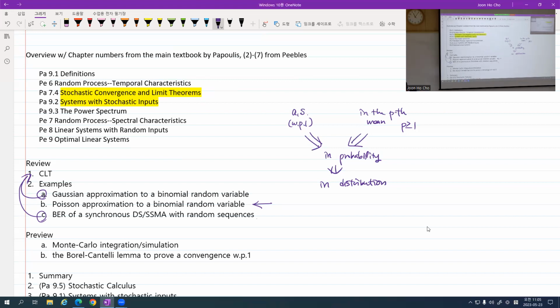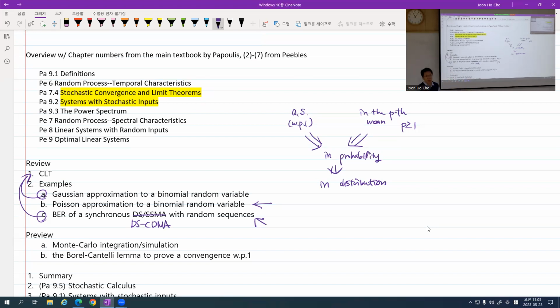So, for example, here in the calculation or approximation of bit error rate of a synchronous direct sequence spread spectrum multiple access, or simply DS-CDMA system with random sequences, the multiple access interference is simply a binomial distribution properly scaled and shifted.